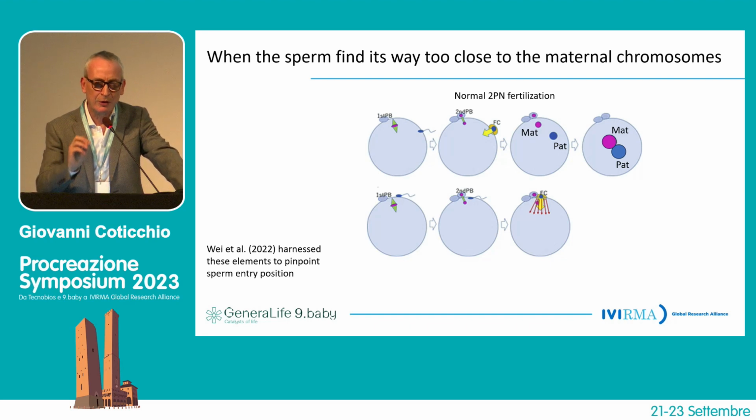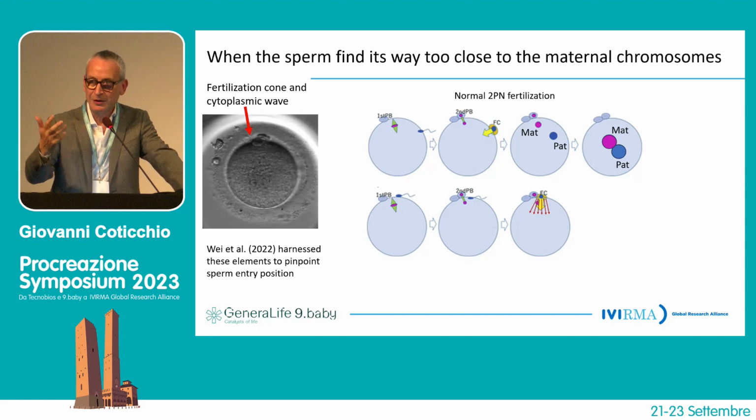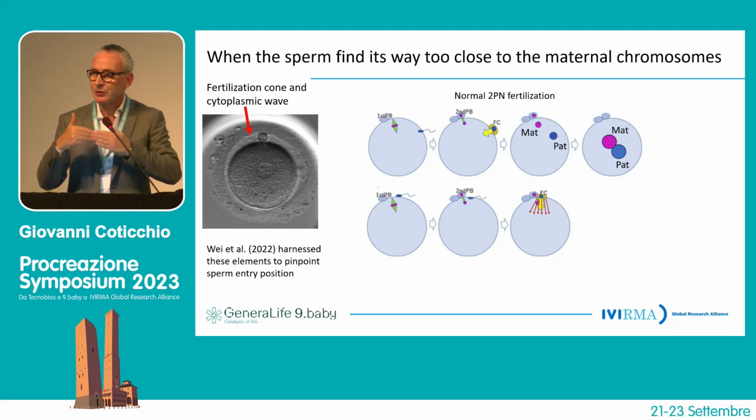But there are other situations in which this egg fusion is spatially peculiar. That happens when the penetration of the spermatozoon occurs very near to the point where presumably the female chromosomes are located, which position is signaled by the extrusion of the second polar body. Therefore, by looking at the fertilization cone and the cytoplasmic wave, which should indicate the position of penetration of the sperm, they were able to identify where sperm-egg fusion actually occurs.